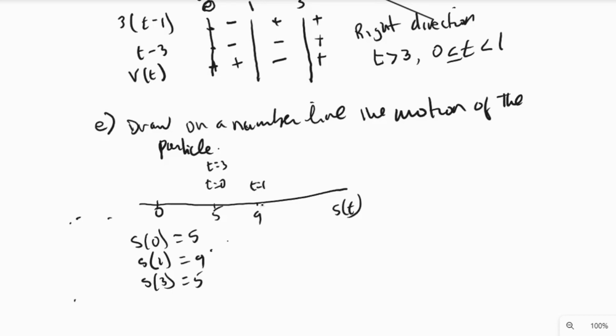So above 9, I write t equal to 1. Above 5, I write t equal to 0 and t equal to 3. So now let's go to our chart. Our chart is saying from 0 to 1, it's in the right direction. Then from 1 to 3, it's to the left direction. Then from 3 above, it is the right direction.